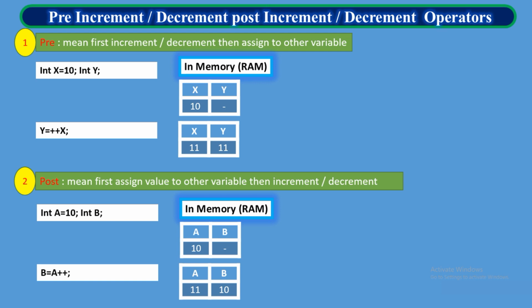In the next step, a increases by 1, and we have a is equal to 11. The difference between these two increments: in pre-increment, first the value is increased, then this value is assigned to the other variable, and in post increment, first the value is assigned to the other variable, and then the first variable is increased.